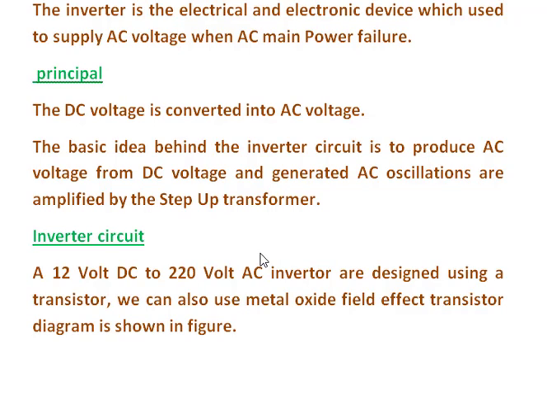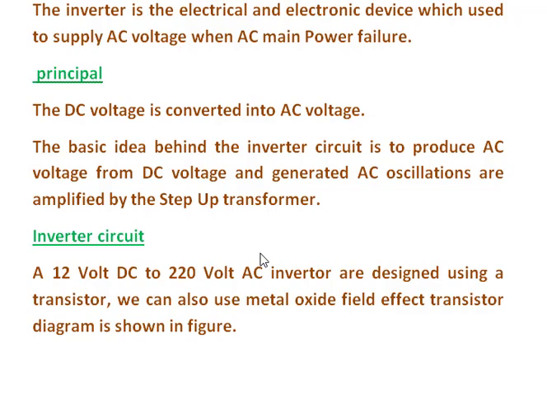How is the DC voltage stored in the battery converted into AC voltage? We already know a device, the oscillator. An oscillator is an electrical and electronic device which generates AC oscillations, or square waves, in its output without any input signal.